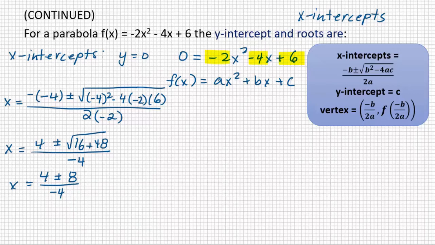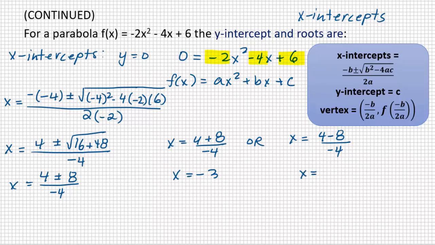This gives us our two answers. So either x is equal to 4 plus 8 divided by negative 4, or x is equal to 4 minus 8, all divided by negative 4. In the first case, we get 12 divided by negative 4 is negative 3. And in the second, we get x is equal to 4 minus 8, which is negative 4.